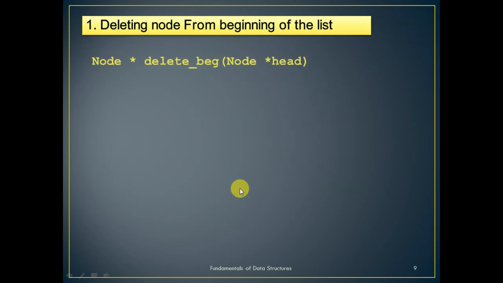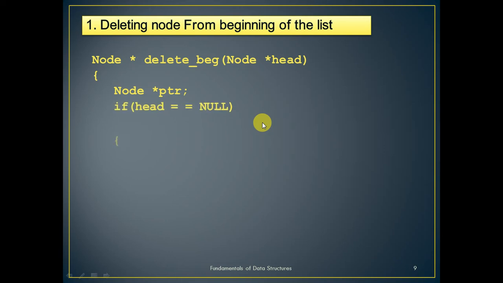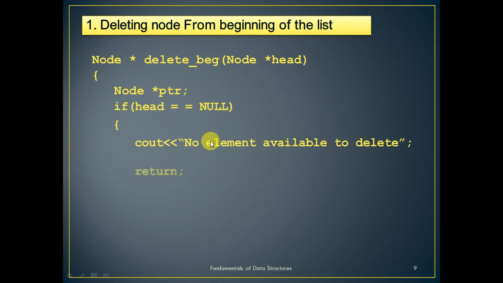This is the simple C code for deleting the beginning element. To delete the beginning element we require head and one pointer variable. First we check if head is equal to null; in that case our list does not contain any element, so no element is available to delete. Otherwise we set the pointer variable to the head.